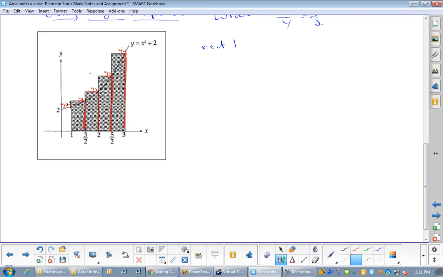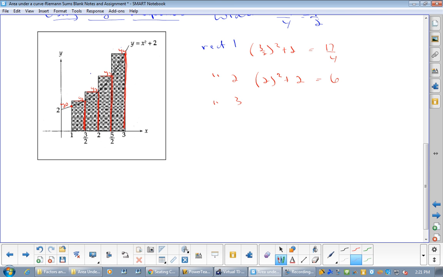Okay, now when we go to find our heights for rectangle 1, I'm going to use 3 over 2 squared plus 2, which equals 17 over 4. For rectangle 2, I'm going to go 2 squared plus 2 is 6.